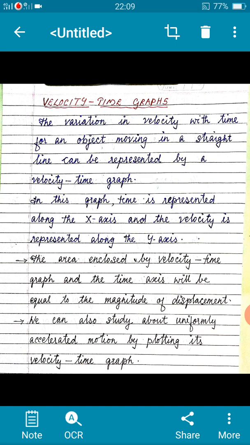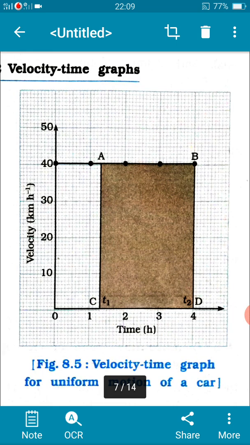And using the velocity versus time graph, we can also study uniformly accelerated motion. Now, see here which is the area enclosed? That is the shaded portion you can see. That's the area enclosed by the graph. It's the shape of a rectangle. And if you find out this area, that will give you the magnitude of displacement. Is that clear to you?